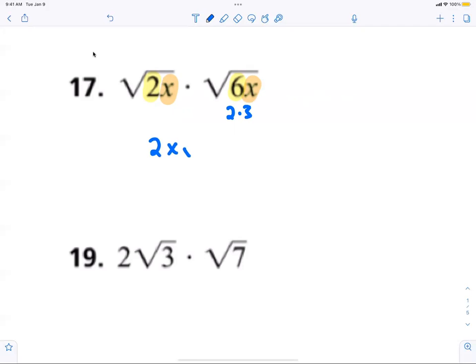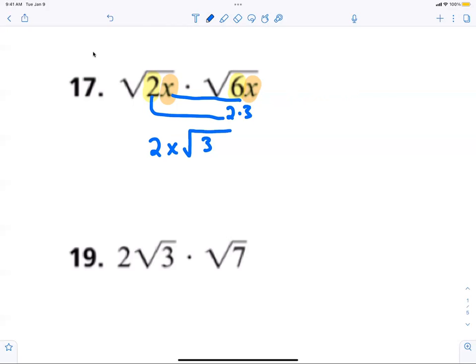What stays home because he has no one to play with? 3. That is correct. You have to come out in pairs. You have to come out in groups of 2. All right. 3 does not have another 3. So he's got to stay home. All right. The two 2s can come out and the x's can come out. All right. Here we go.